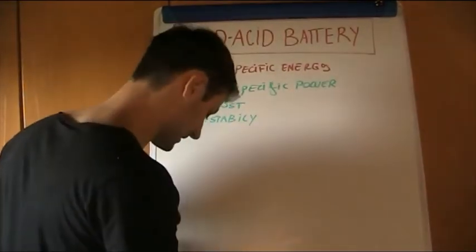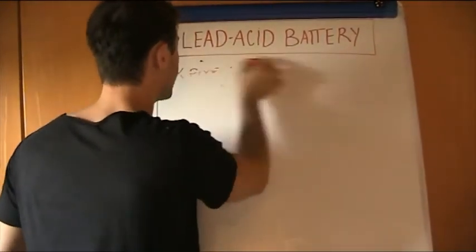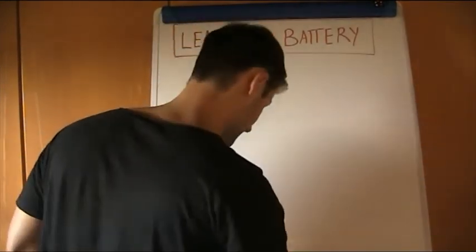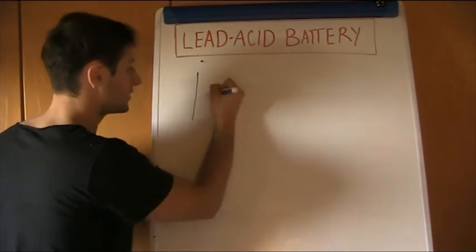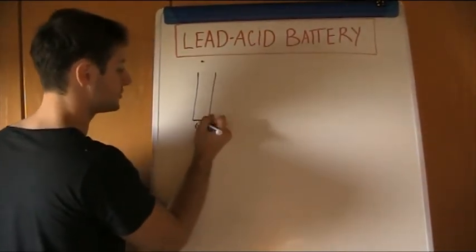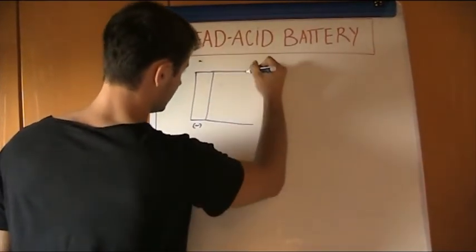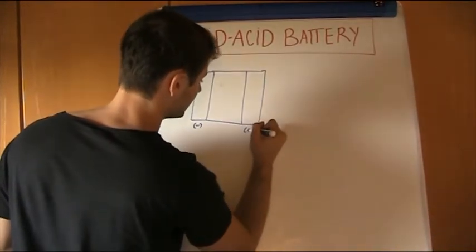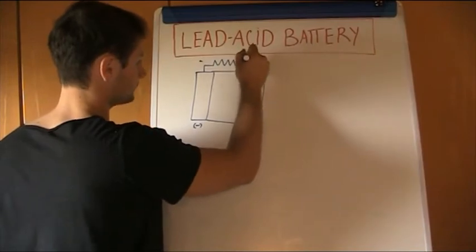From a practical point of view, what are the components of a lead-acid battery? As in every battery, there is a negative pole that during discharge acts as the anode, an electrolyte, the positive electrode acting as the cathode, and the external circuit.